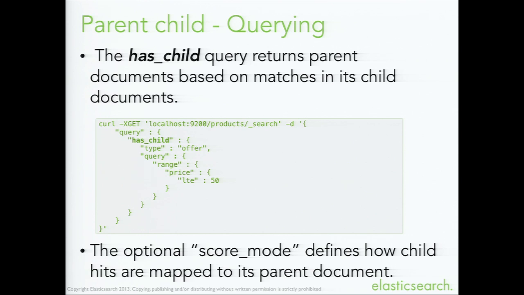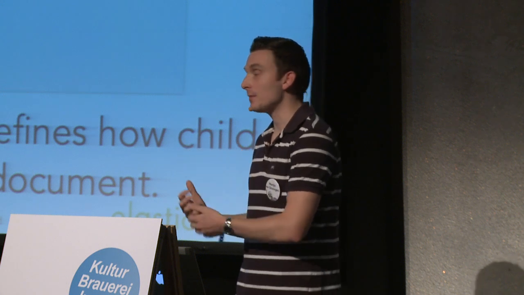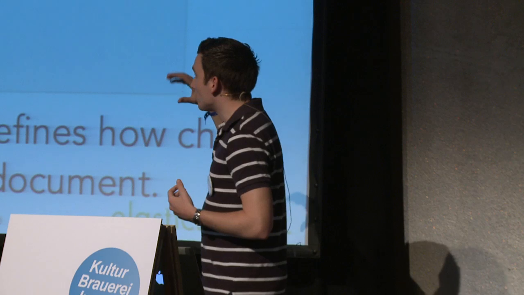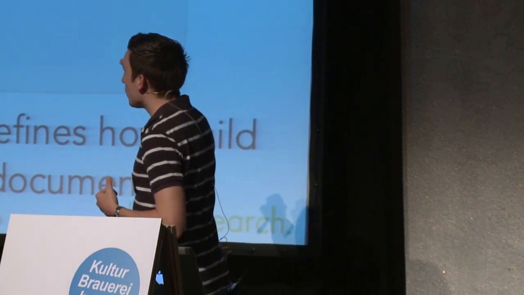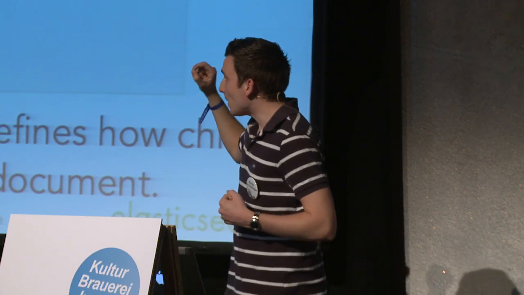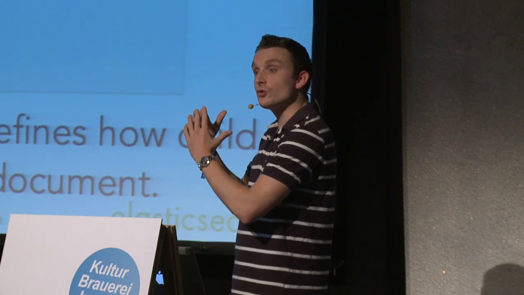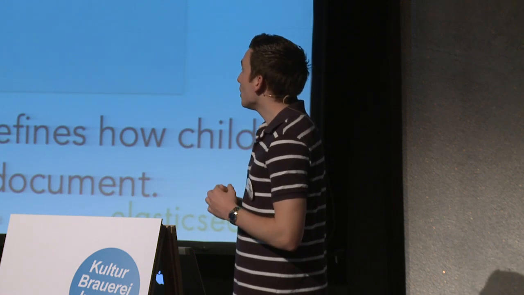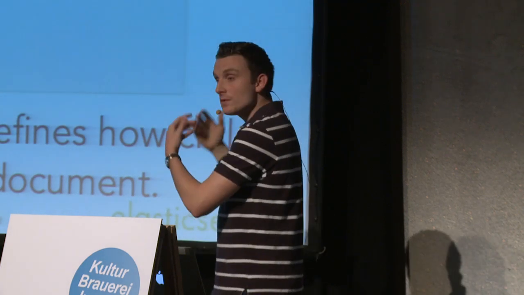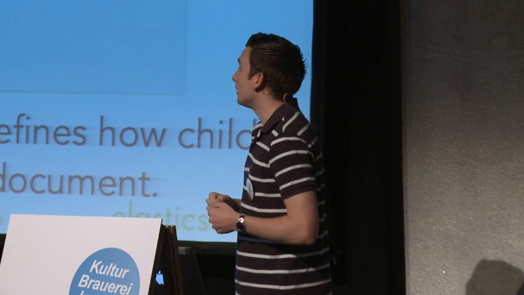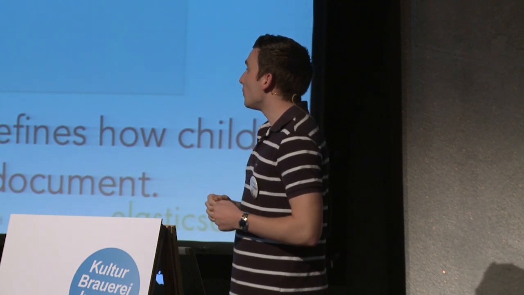The has parent query returns parent hits based on matches inside the child documents. So in this case, we define the has child query. We point it to offer, and we specify the query that runs on the offer type documents. In this case, it's a range query, and we're only interested in offers with a price lower than or equal to 50.